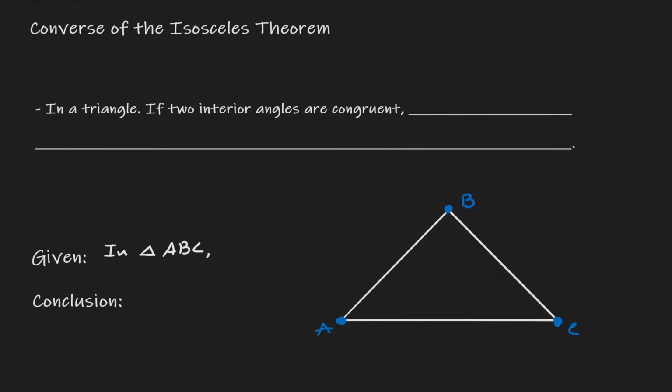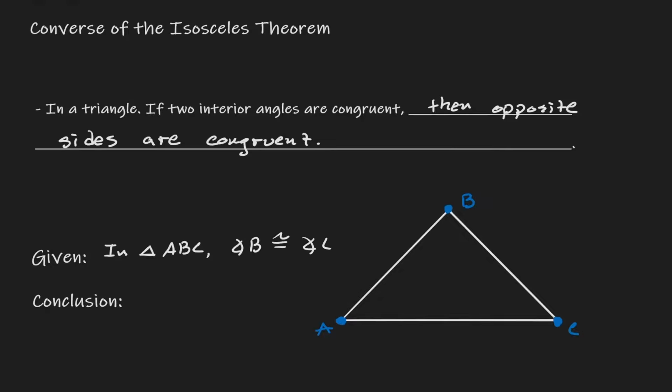In a triangle, if two angles are congruent, then opposite sides are congruent. So what are we trying to say here? So given any triangle, if angle B is congruent to angle C, so let's show that within our diagram.